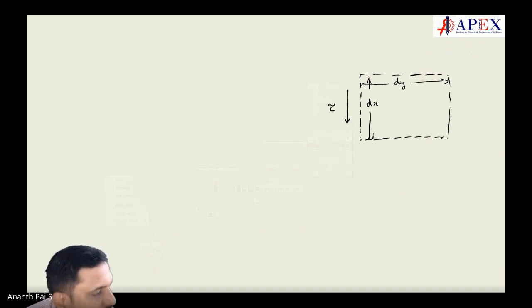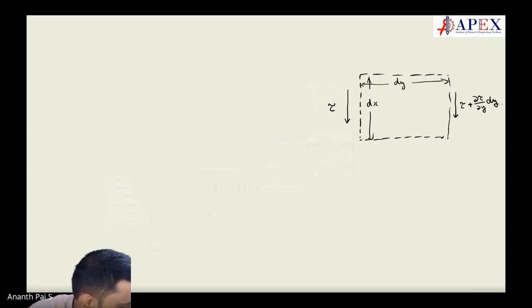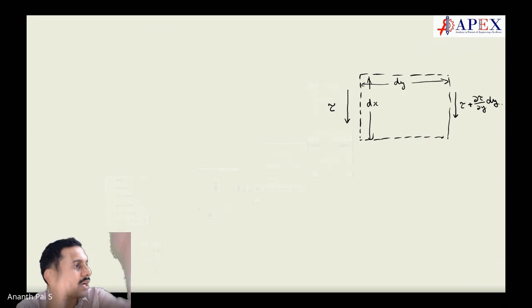Okay, and if I have a shear stress, see, this has shear stress here too. And on the other side, let us say there is another shear stress here where there is a change in shear stress. You have a change of dou tau by dou y into dy. Correct? And then the flow is only in this direction, shear is happening in this direction.